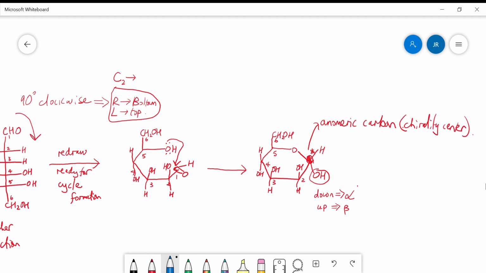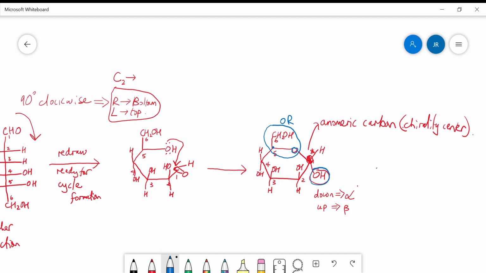If we look at the carbon again, we've got O and then carbon. So this thing here could be our OR group, carbon, and then I've got OH.